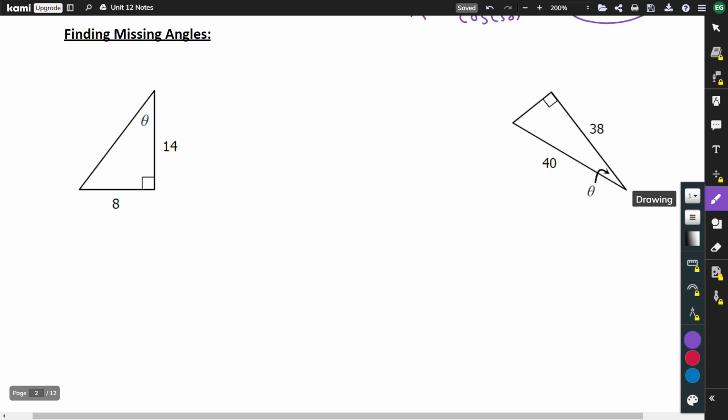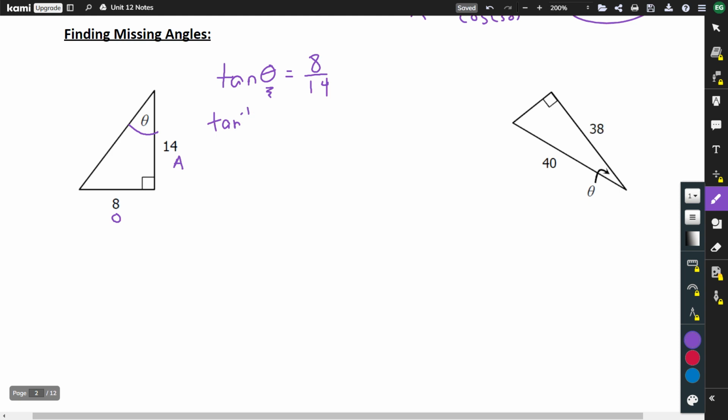Right, we can also find missing angles with the same kind of setup. For these ones, now it's the angle that we're looking for. So that's my theta. I have my opposite and adjacent sides, which tells me I'm doing tangent. So it's going to be tan of theta, which is what we're looking for, equals 8 over 14. Now to actually solve for theta, I need to get rid of the tangent part. To get rid of it, we take the inverse of each side.